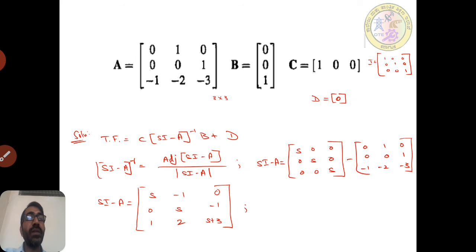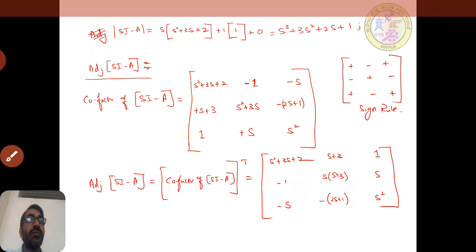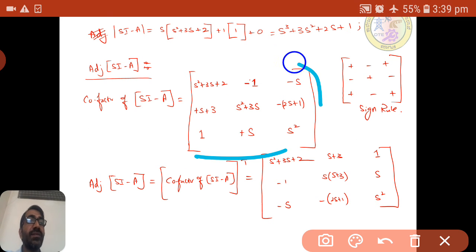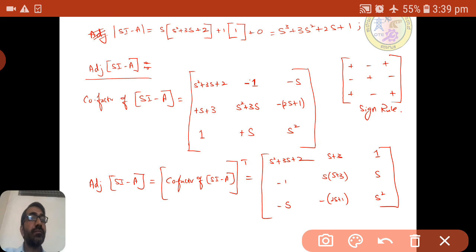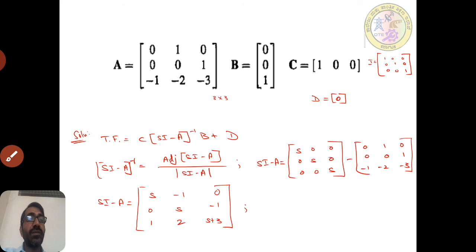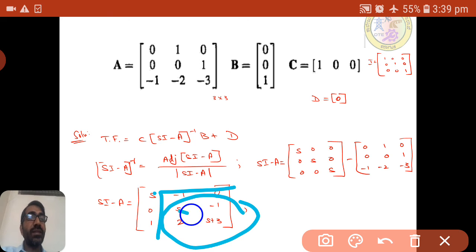So like this we need to calculate the transfer function from the 3 by 3 matrix. What we did here: we did sI minus A, then we need to find the cofactors. This is the main thing here. For cofactors, take a single term and leave its row and column, then compute AD minus BC, this into this minus this into this, with whatever sign.